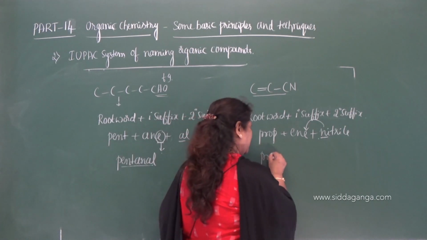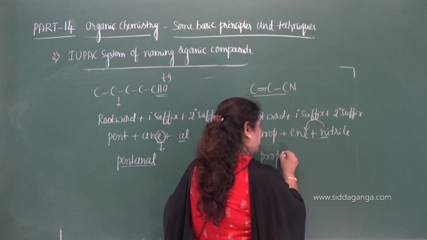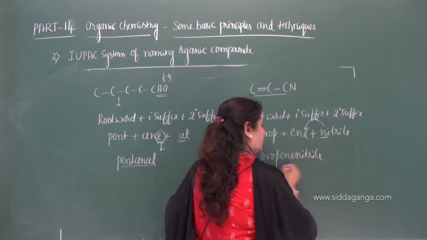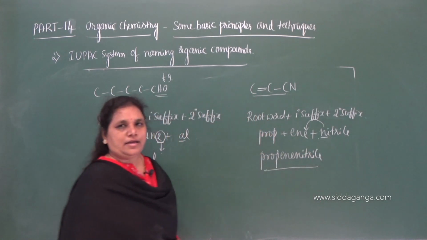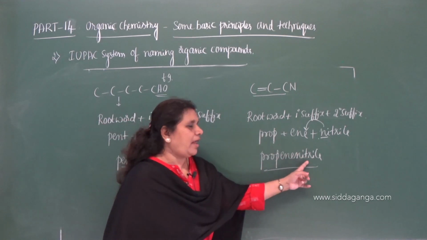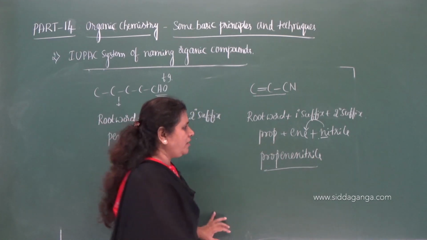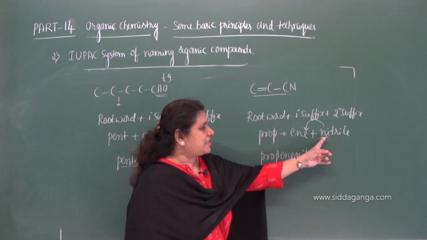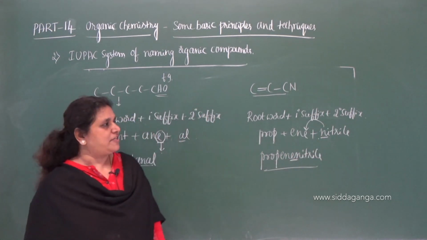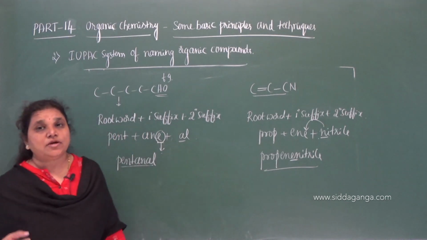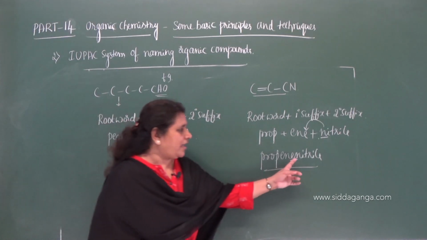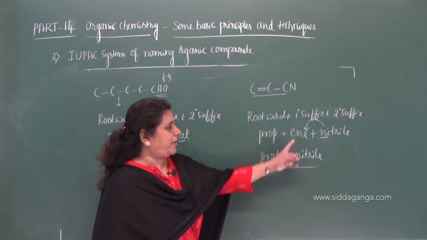Then what is the name? Propene nitrile. So I have not dropped the terminal E here, because the secondary suffix of the cyanide does not start with a vowel. Therefore, I retain the terminal E of the primary suffix.